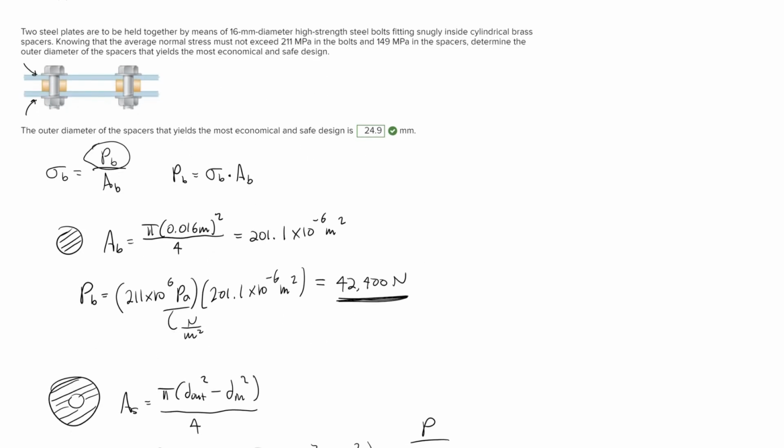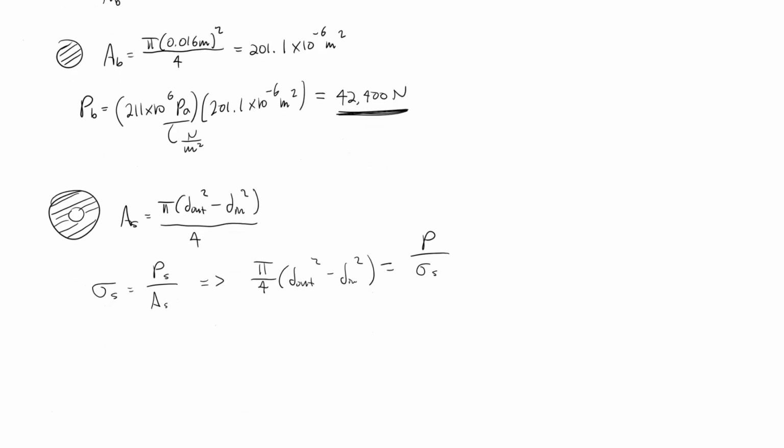It says knowing that the average normal stress must not exceed 149 megapascals in the spacers. So I'm going to plug these two in. So we have 42,400 newtons, and then I'm going to convert from megapascals into pascals, and that's going to be 149 times 10 to the 6th pascals.